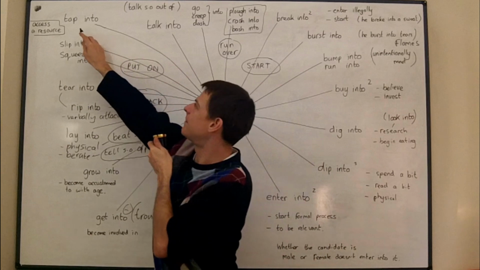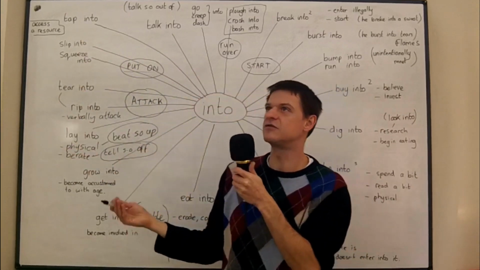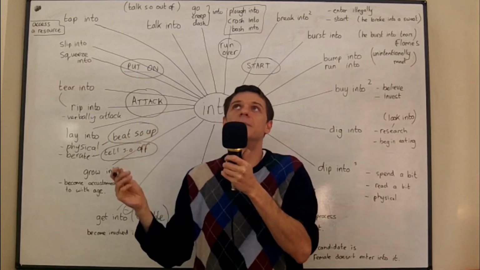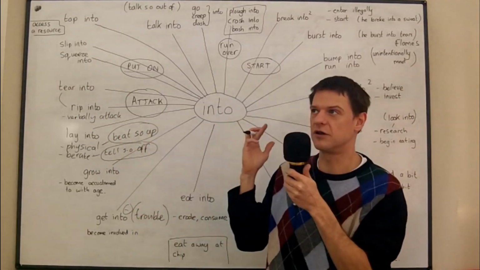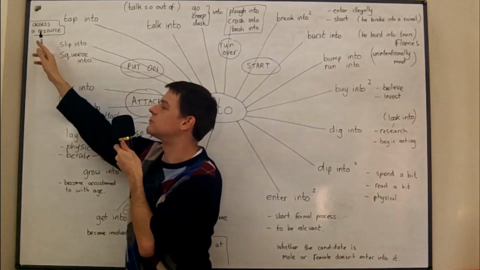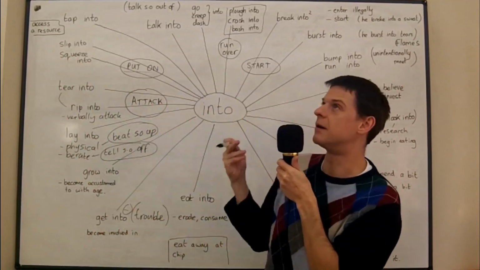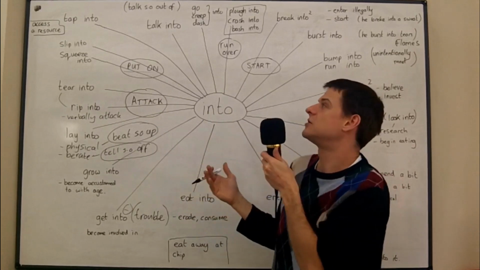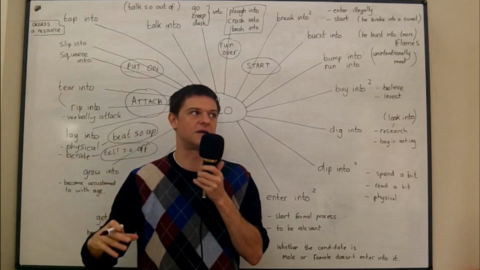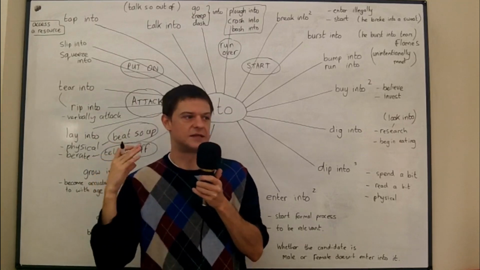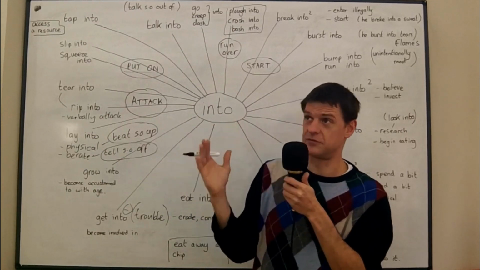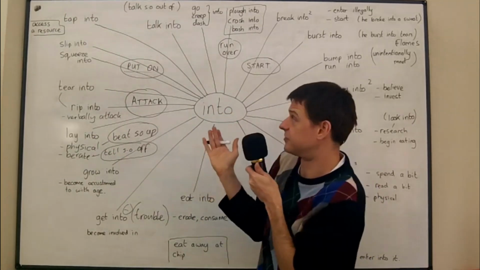And tap into. Maybe you're the boss of a company and you want to tap into the creativity of your staff, it means you want to access the creativity of your staff. Or maybe you're a manager and you want to access some profit from a particular part of the market, and so you might say we want to tap into the market segment which is full of under 35s or something like that.